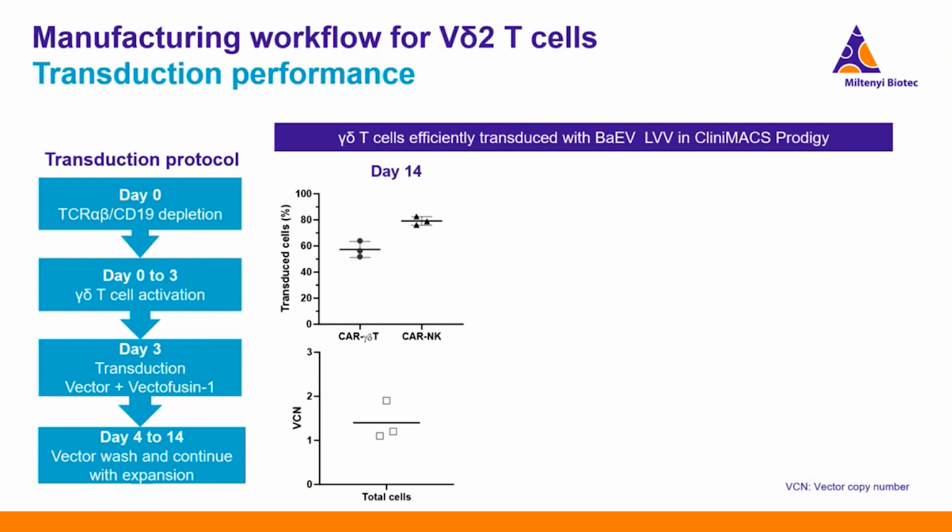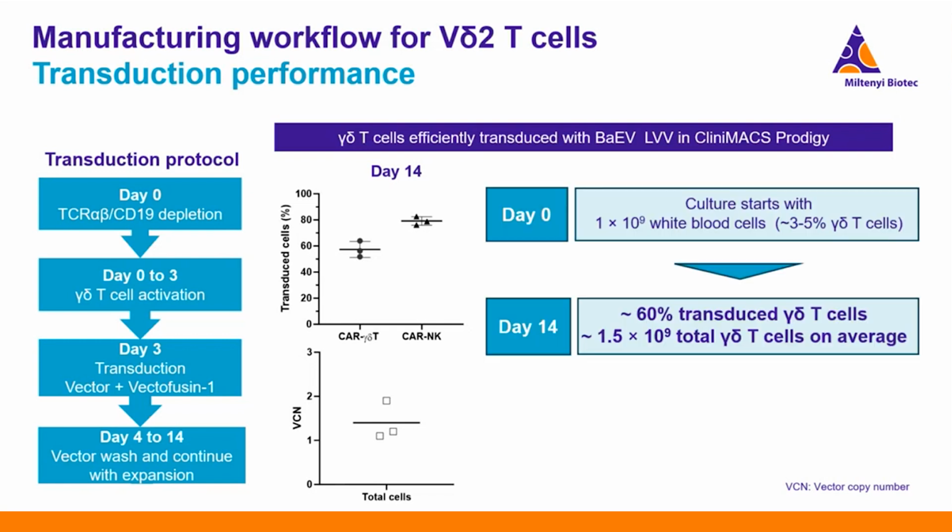And more importantly, we not only get a very high transduction of the gamma delta T cells, but we also have a very safe profile. When we look at the vector copy number, this remains below 5 copies, which is within the regulatory requirements.